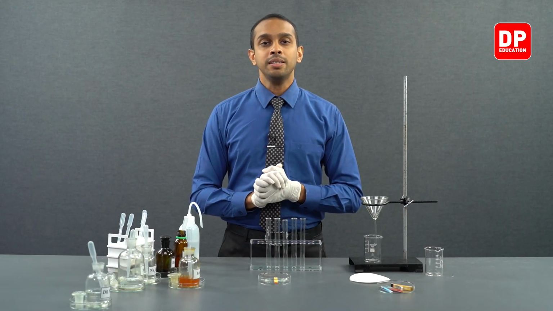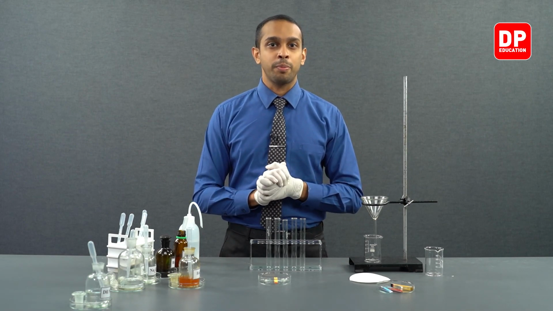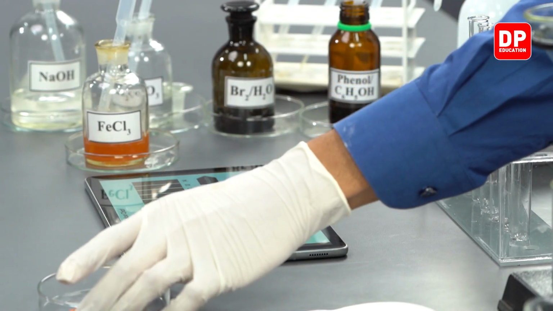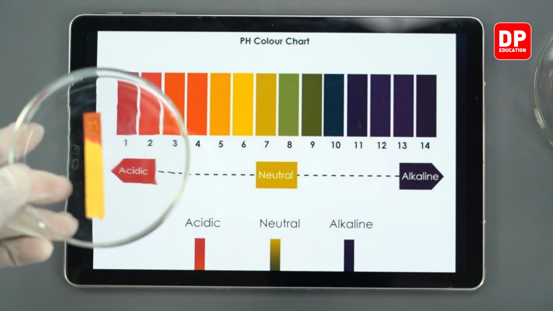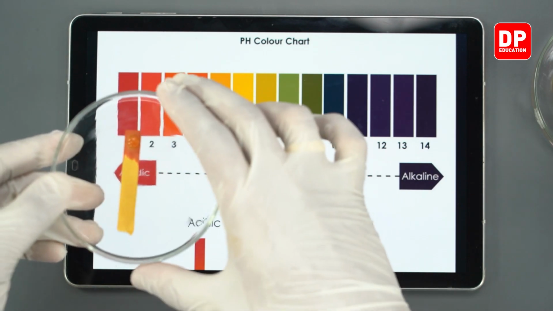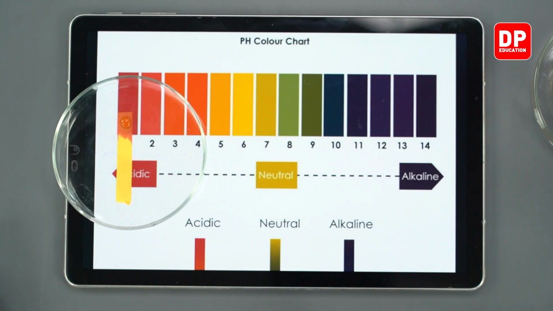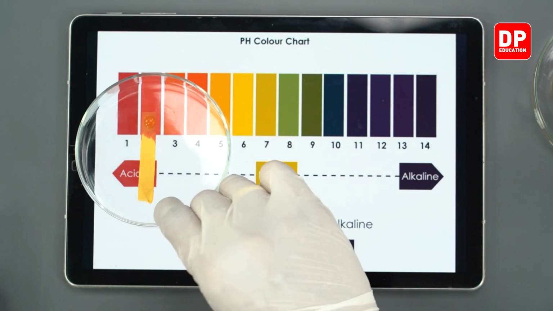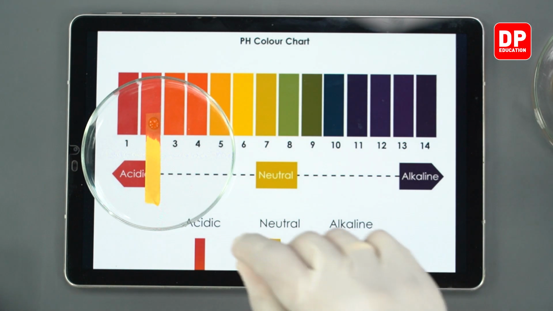Let us compare this color against the pH guide provided with the pH paper booklet. It is certainly not pH 1. It does not align well with pH 2 either.